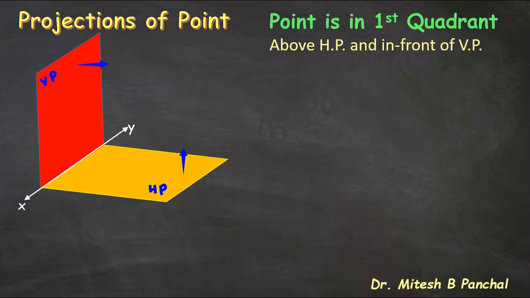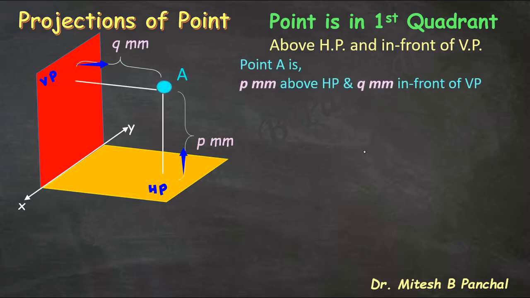Consider a point A which is in the first quadrant, that is P mm above HP and Q mm in front of VP, and we have to draw its projection.